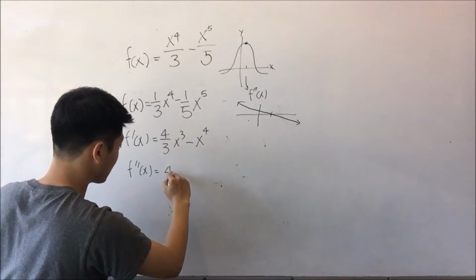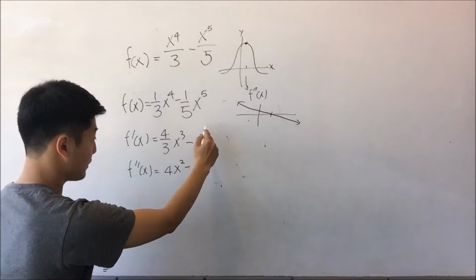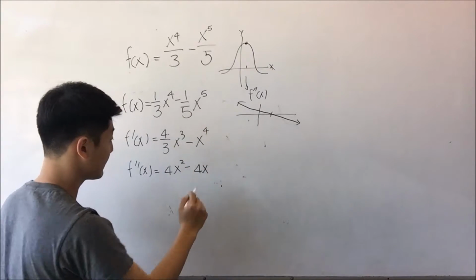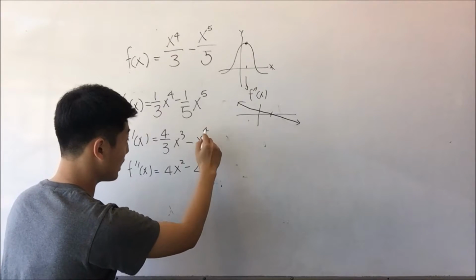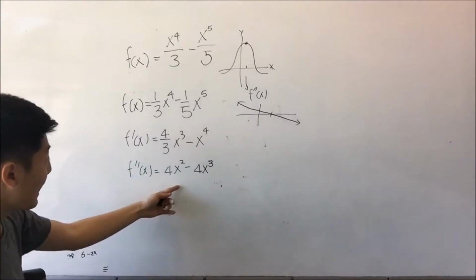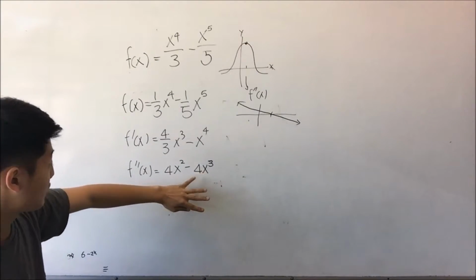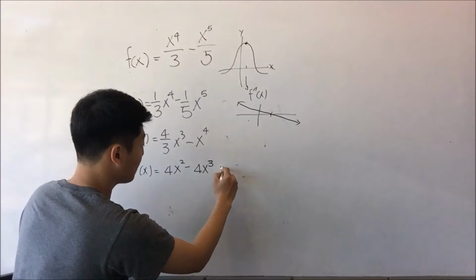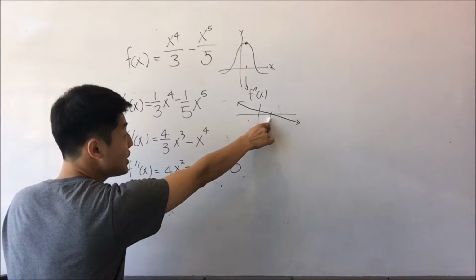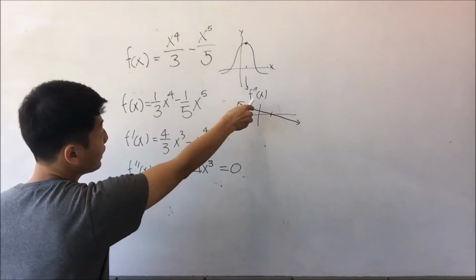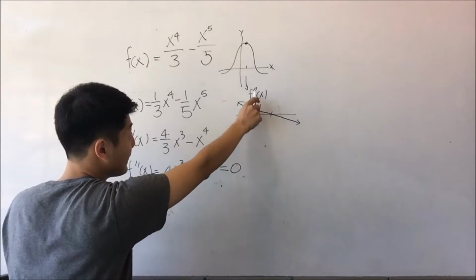3 goes down, which becomes 4x to the second minus 4x to the 3rd, because minus 1 goes down, x minus 1 because it will be 3, I just put minus. And then you have to solve for it. You have to put it equal to 0 because we proved that the maximum value at f prime will reach 0 at f double prime.